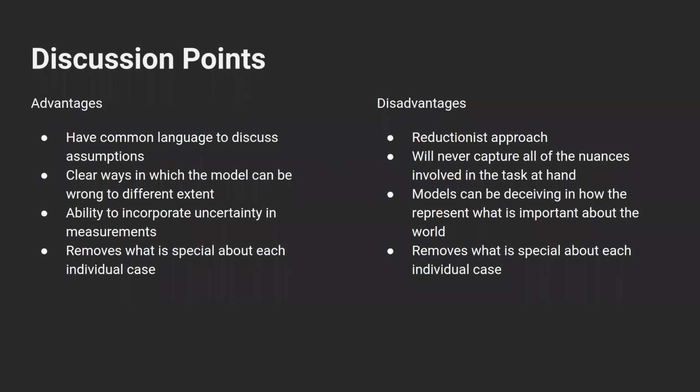It will eventually give us the ability to incorporate uncertainty into different measurements, again, which is the subject of today's talk. And it removes what is special about each individual case. So one thing that's quite different about research in music psychology and music science and music neuroscience is that you're not really interested per se, from a research standpoint, in what you or me or your aunt who plays the piano does.